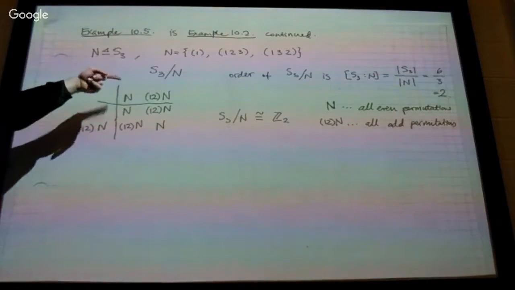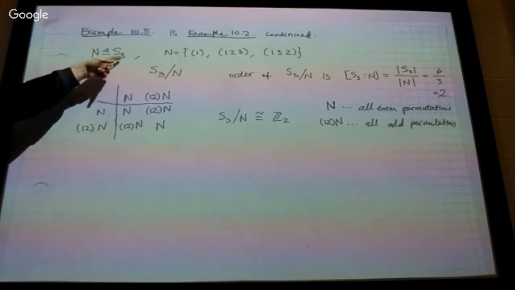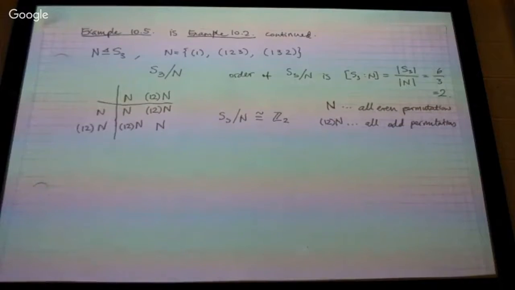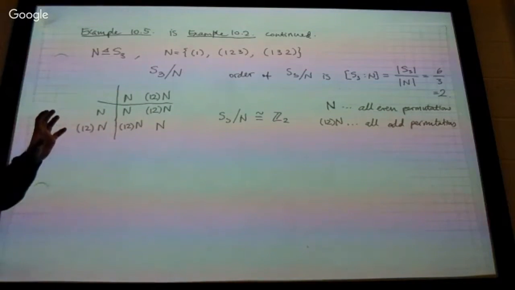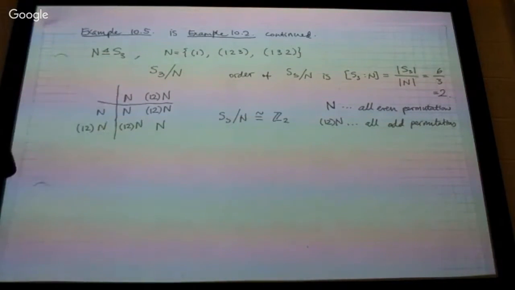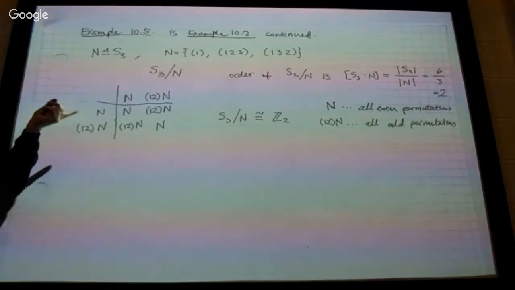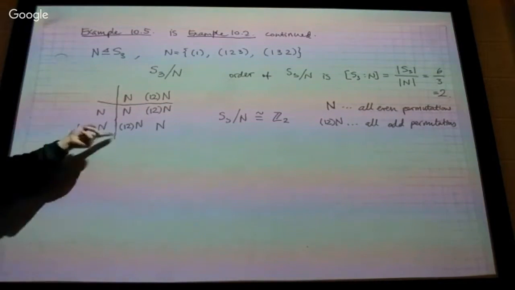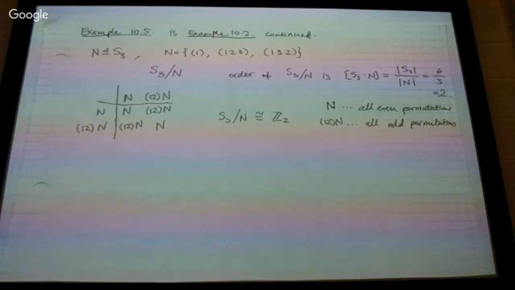It's a normal subgroup for any n instead of 3. And you get Z2 in the same way: the even permutations as a coset is the identity of this factor group, and the second element is the odd permutations.